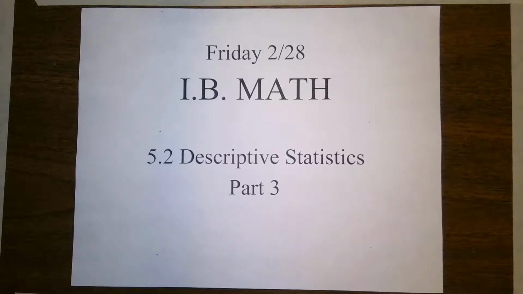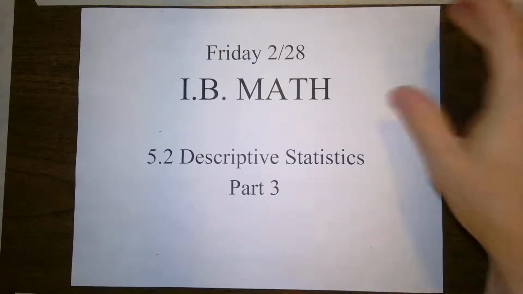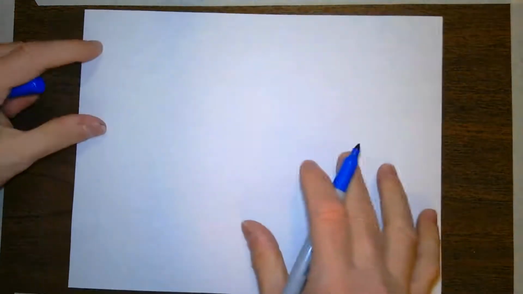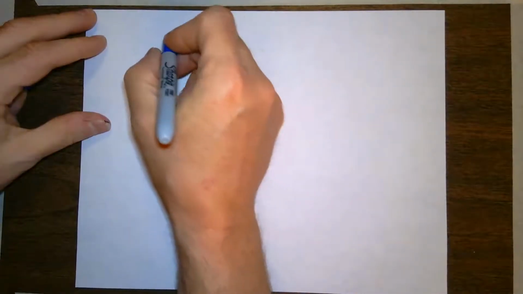So the best way to do this is obviously to look at a bunch of histograms and just talk about them. But before we do that, let's establish some vocabulary that we're going to use. We're going to look at the distribution of the data.